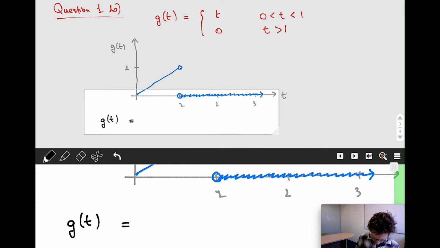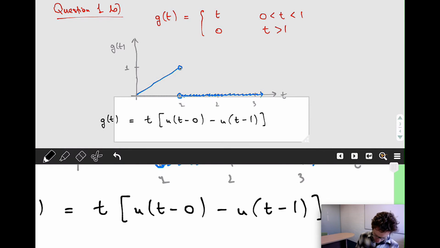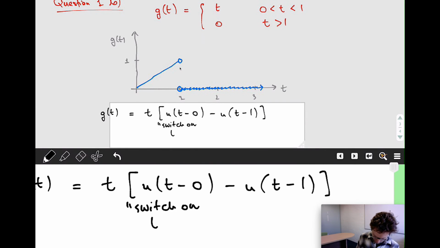So how do I write switch on, switch off? Well, remember that we write that as a Heaviside u of t minus the switch on time, minus a Heaviside u of t minus the switch off time. And the way we read that is switch on at t equal to 0, and switch off at t equal to 1.